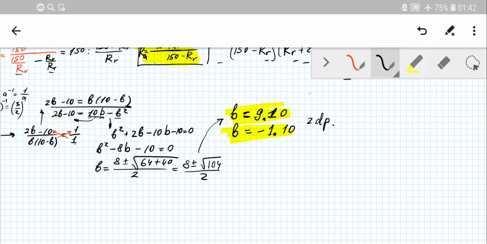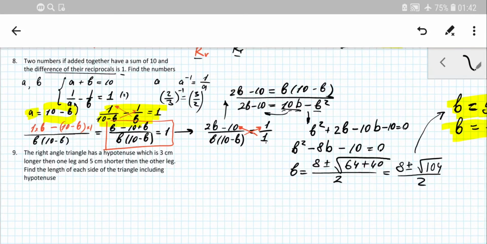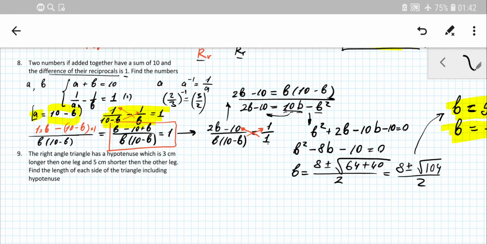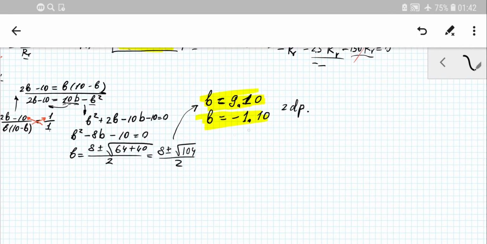And now it's time to figure out a. So what a is simply 10 minus b from there. We already expressed it, and now we've got 10 minus b. So for b1 it is 10 minus 9.1, and for b2 it is 10 minus minus, so we've got a positive sign in the end.